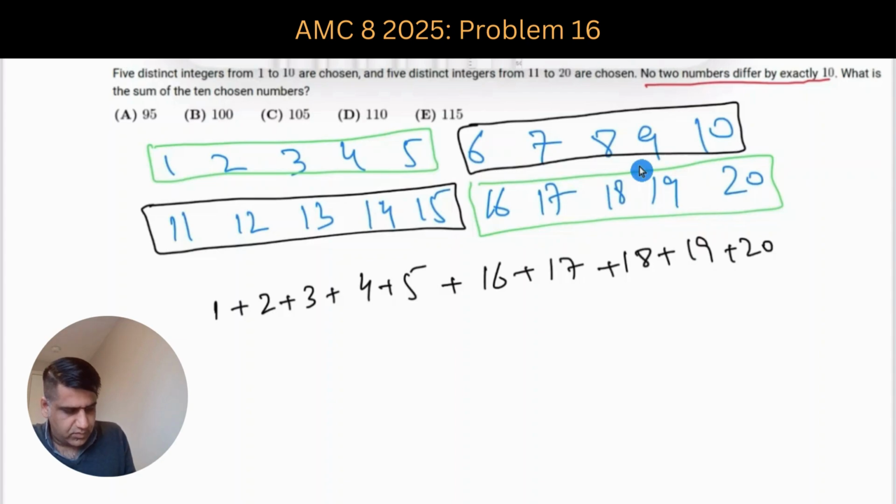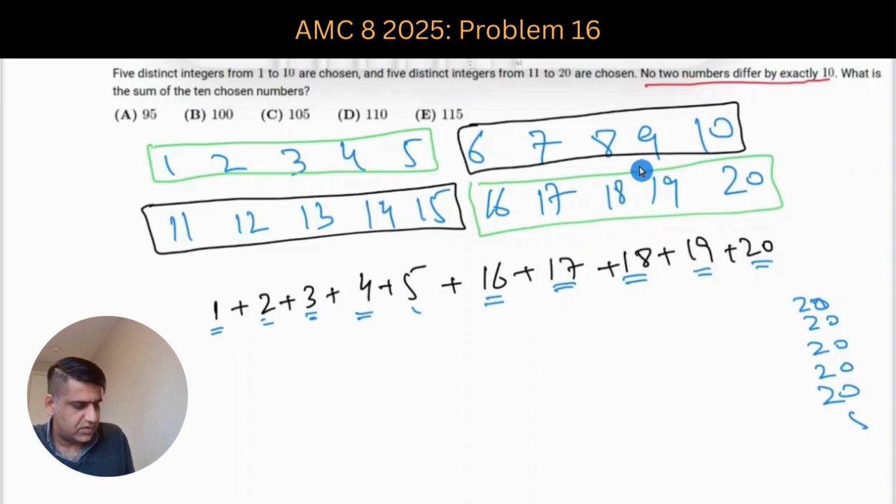We have 20 already here, and if you take this 19 and 1, that will also give you 20. You take this 18 and 2, that is another 20. 17 and 3 is another 20. And then we have 16 and 4, another 20. Then we write 5 as it is, and the sum is 105. So the answer is C.